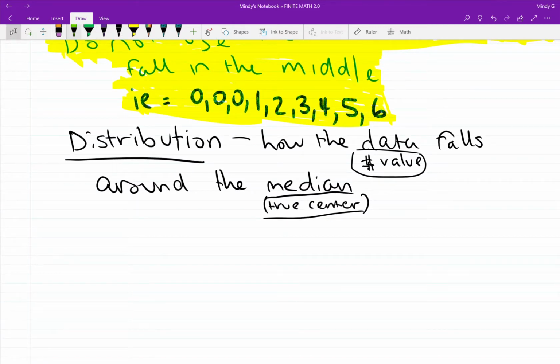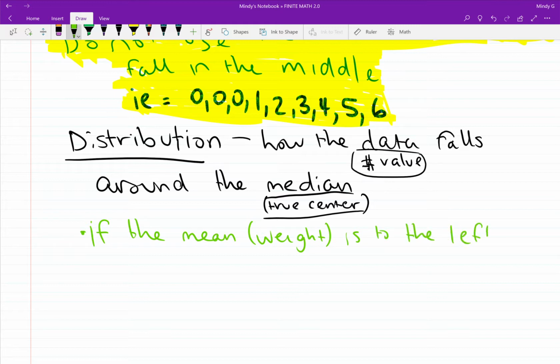If the mean, the average, or the weight, is to the left of the median, we call that skewed left. So you'll hear the word skewed.